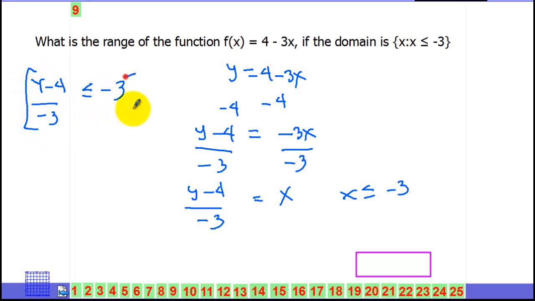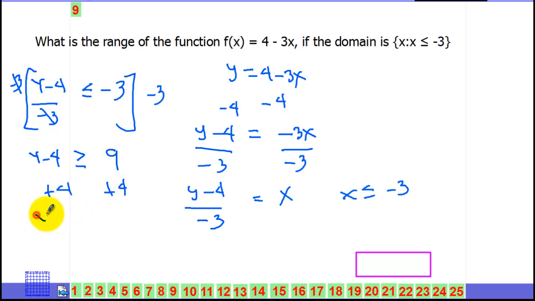So multiply both sides by negative 3. Since we multiply by negative 3, we have to flip our inequality. Negative 3 and negative 3 here will cancel out. I will have here positive 9. Add 4 to both sides, we'll get y greater than or equal to 13.